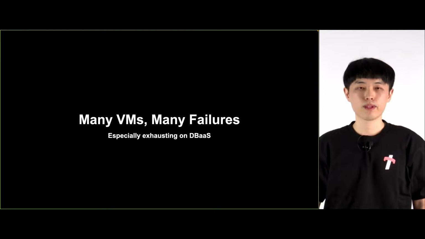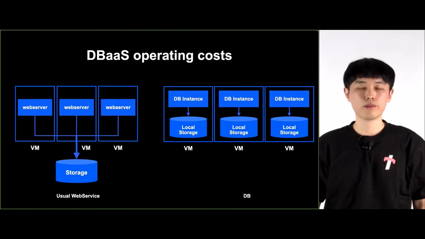So there are many reasons for VM failures. Of course, for general services, VM failures are taken for granted, but in DBaaS, it creates a lot higher operational cost. So why does DBaaS require higher operational costs compared to general services?